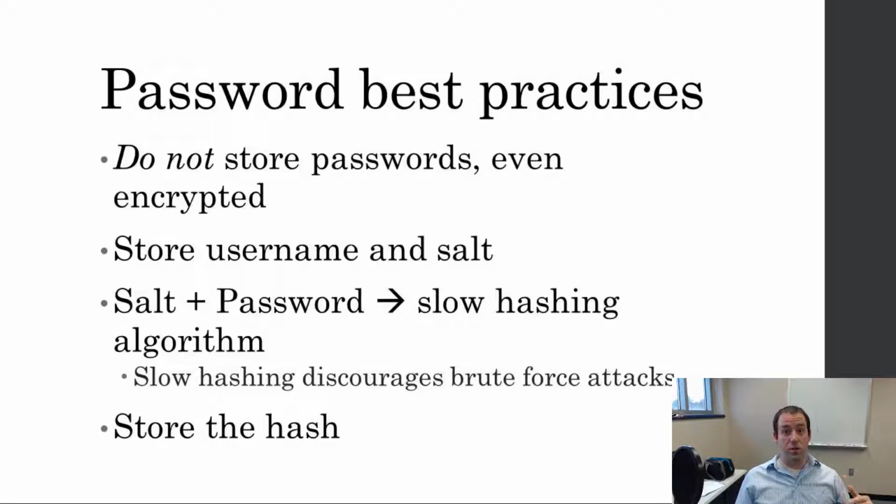If I can only do 1 hash per second or 10 hashes per second, then you just slow down my ability to crack those passwords by a factor of 1 million or 100,000 or 10,000. And that has increased the amount of time that it will take for me to brute force or try every possible password on this account. So you store the hash. So you store username, salt, and that salted hash.